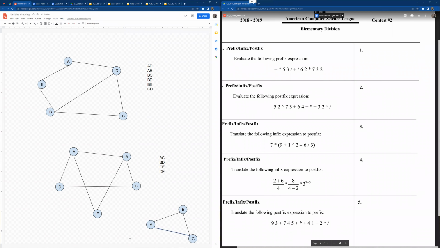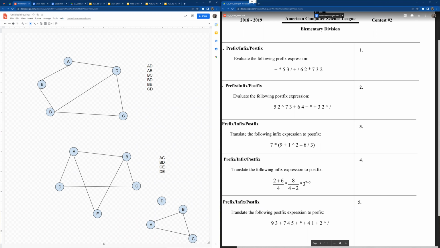Any node in this graph is directly connected to the other nodes. And if I add a new node into this graph, again, if you want that to be complete, you'd have to add a few more edges.